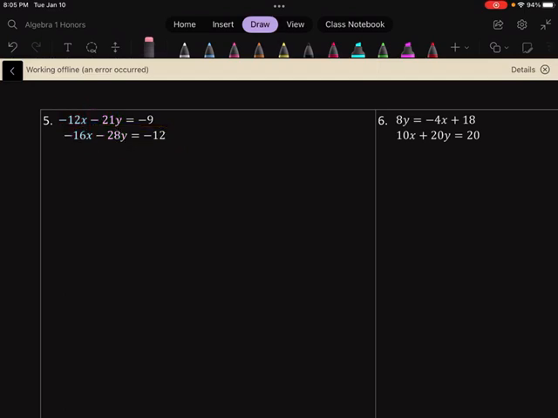Okay, so maybe think about it to yourself, could I divide just 12 and 16 by something to make them opposites? Well, we're definitely going to have to multiply it by a negative. But can I divide or multiply by a fraction to make them the same number?